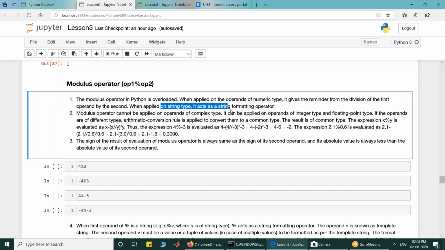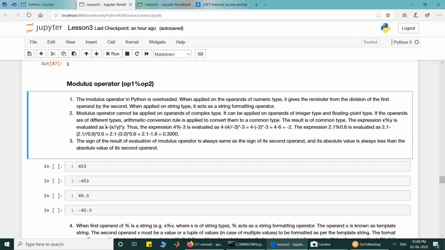And when it is applied on a string, it acts as the string formatting operator. The modulus operator cannot be applied on operands of complex type. Among the numeric types, we are only allowing integer and floating point types. It is not applicable on complex type.